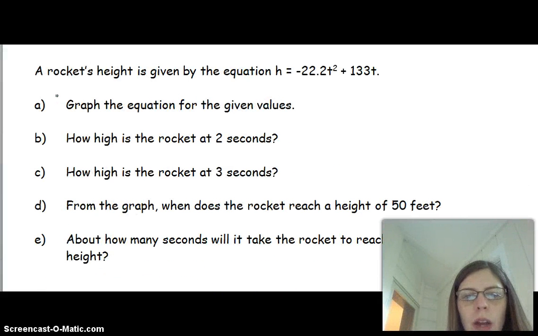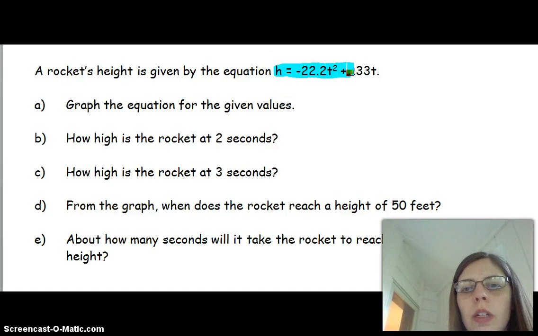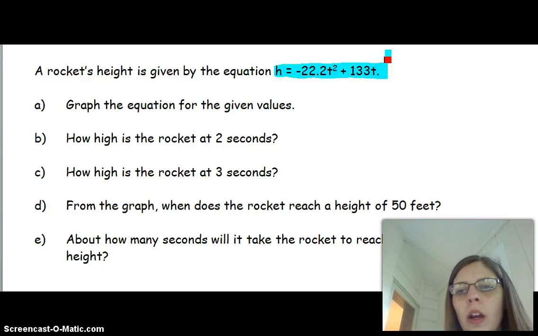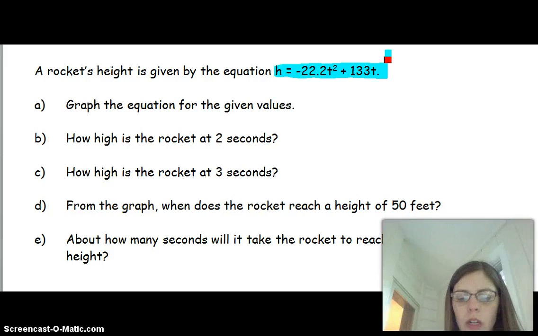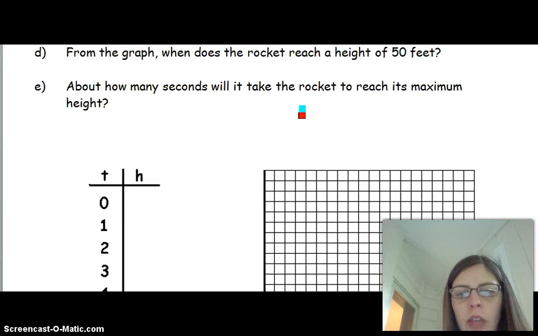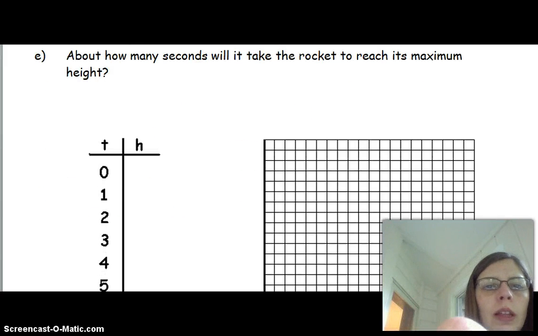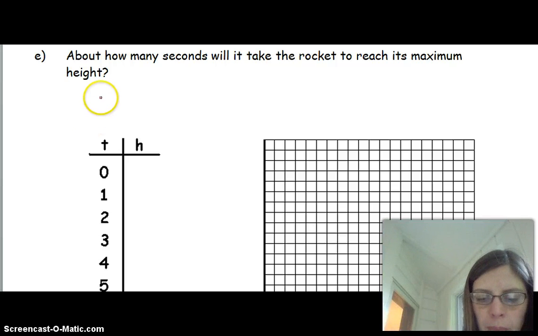It says a rocket's height is given by the equation h equals negative 22.2 t squared plus 133 t. So here it says let's graph that. On the bottom of the page we actually have a graph, and we're going to use that equation. So I'm going to rewrite that equation right on top of here.